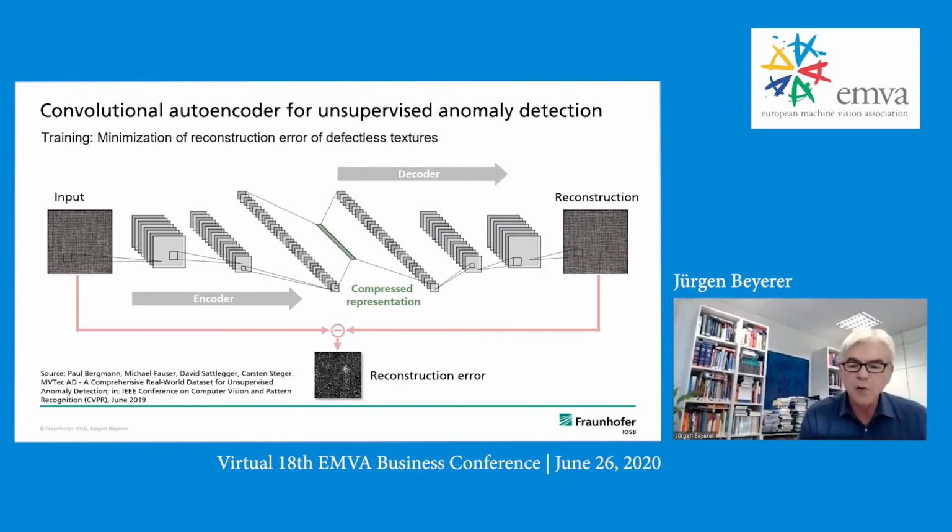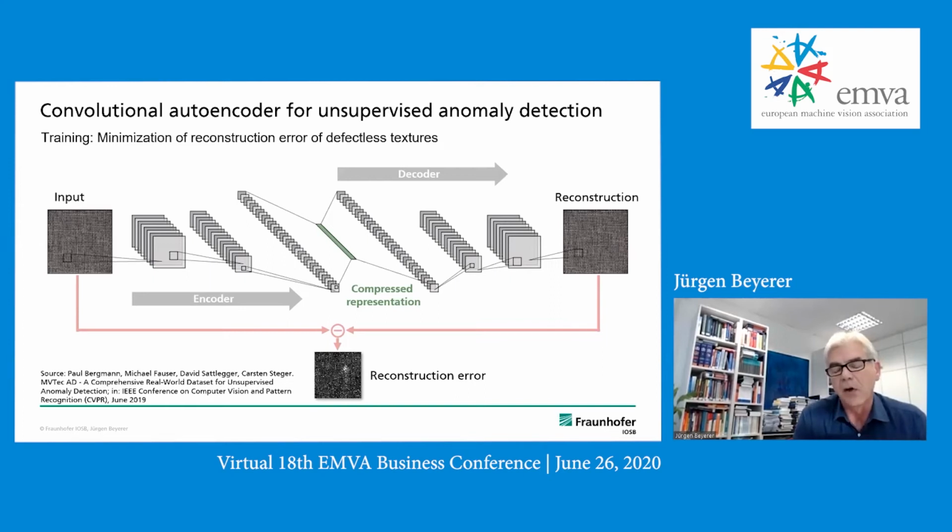Then the decoder expands again to an image of the same size, and then you can subtract the image and the reconstruction. And if the representation through the network is good, the difference is small. That's the idea. And the trick is here that we learn these networks only with defectless textures.